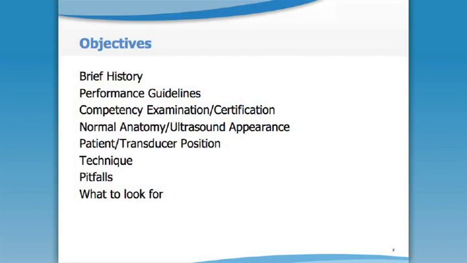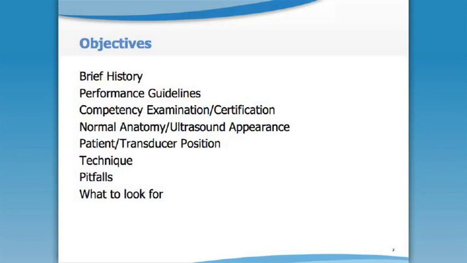Obviously technique, which we've talked a little bit about, and we'll skip over some of it, which duplicates what we talked about in terms of beam perpendicularity and those sorts of things that we just covered in the last talk. Pitfalls, same thing, we'll gloss over that again. And we have some pathology that I can go over with you as well. Help you understand what full thickness and partial thickness tears look like.